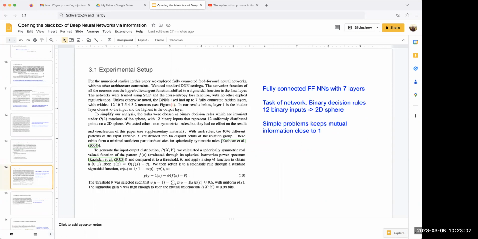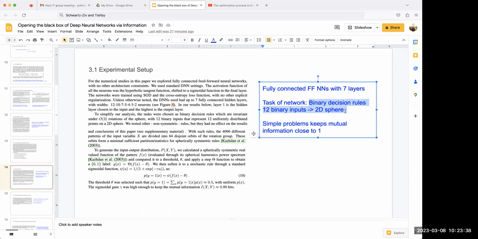Okay, so let's get into the experimental setup, where they're using a feed-forward neural network with 7 layers. The task of the neural network is, I guess, kind of vague in my understanding, but they're taking some input data that is binary, and they have some decision rules, and they're trying to map those input data onto points on a 2D sphere.